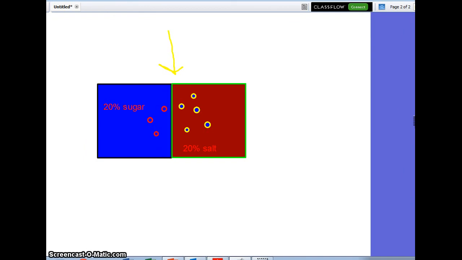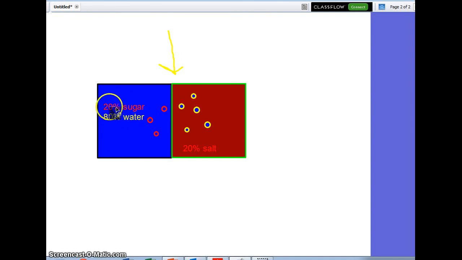But let's pretend like the membrane's impermeable to both salt and sugar. So anytime salt or sugar hit this semi-permeable membrane, they can't cross. But what we do know is, let's just say that this membrane is freely permeable to water. The reason I say this is an isotonic solution is because if water can pass, a solution's made of two things, solute and solvent.